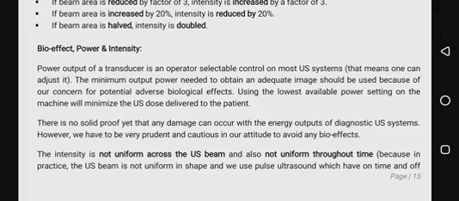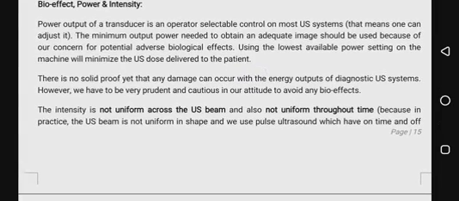There's always an advice: you start from the lowest dose and you go up, so that you minimize impact while you try to optimize your image. There is no solid proof yet, however, that any damage can occur with image output of diagnostic ultrasound systems. However, we have to be very prudent and cautious in our attitude towards any biological effect.